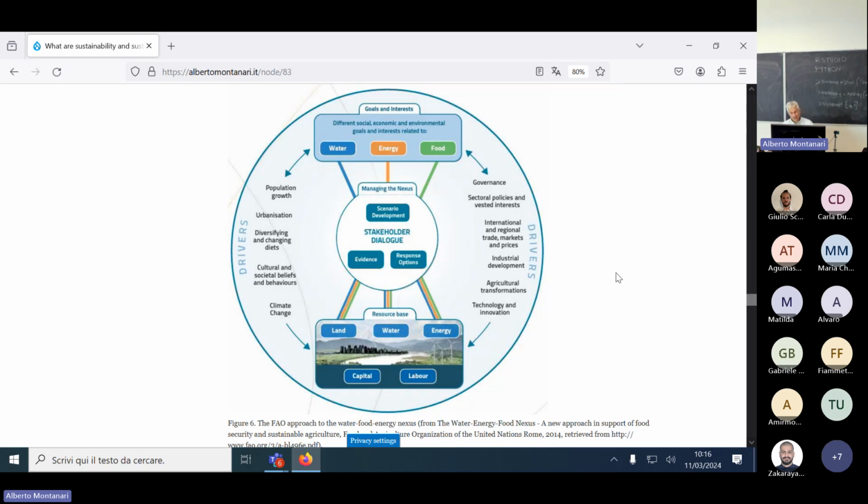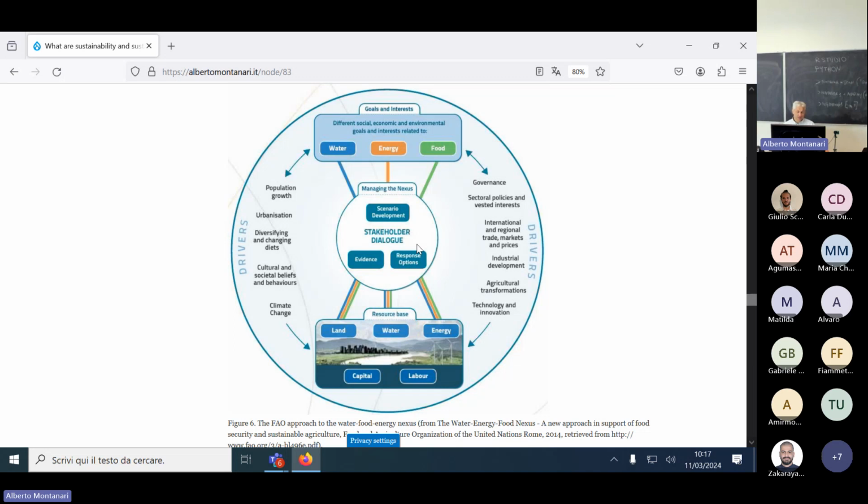And this nexus, this link between water, food, energy, is a research field that emerged about 15 years ago, and it's very popular. So how to find the best compromise? Through a bottom-up approach, scenario development, which means prediction, and what we really believe is important is the dialogue with stakeholders.